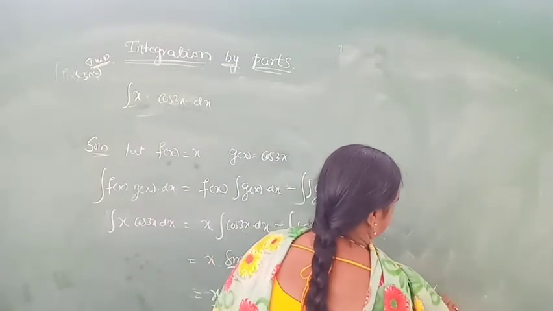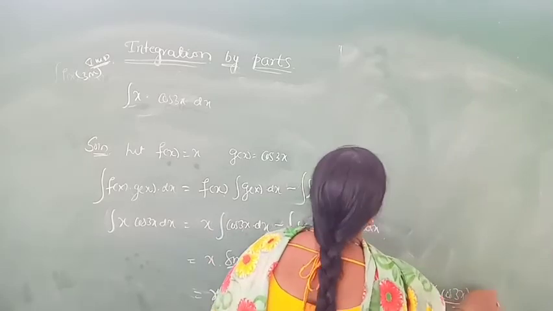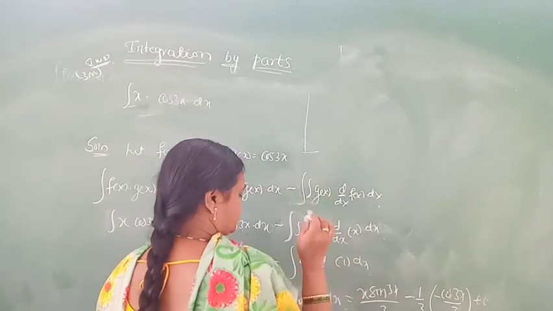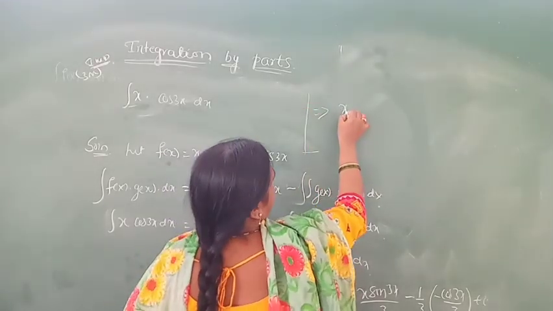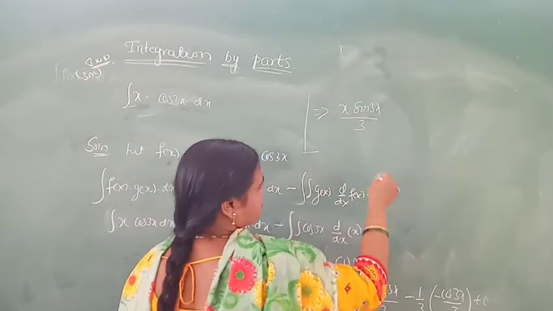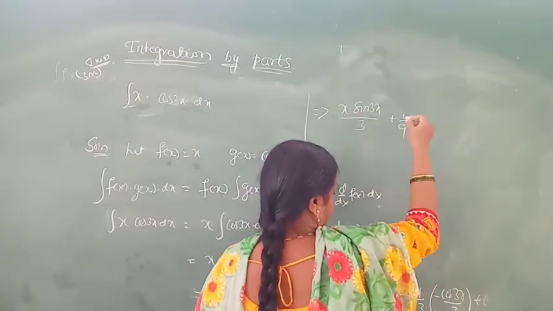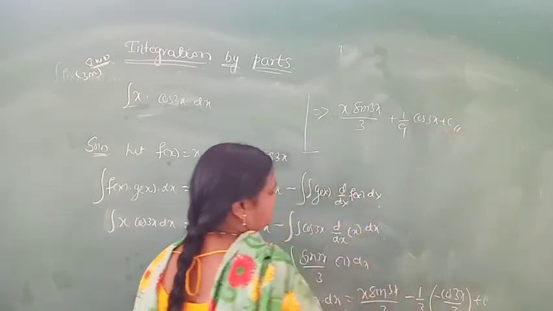Minus cos 3x, minus cos 3x by 3. Or rewrite this as x sin 3x divided by 3, minus and minus become plus, 1 by 9 cos 3x plus c is the answer.